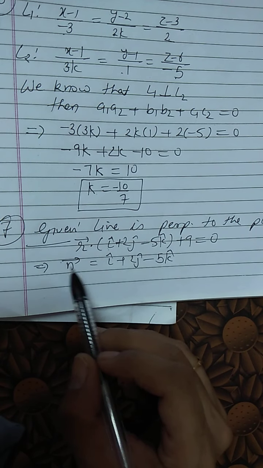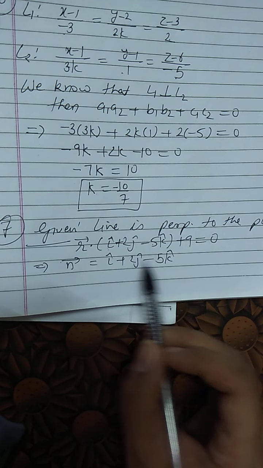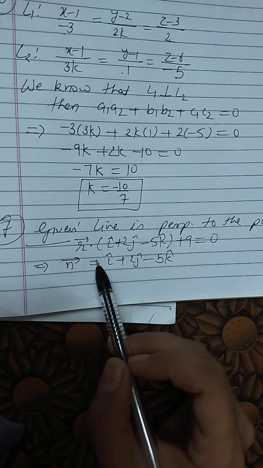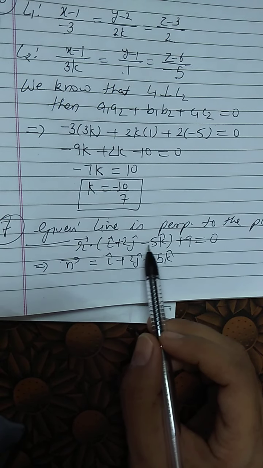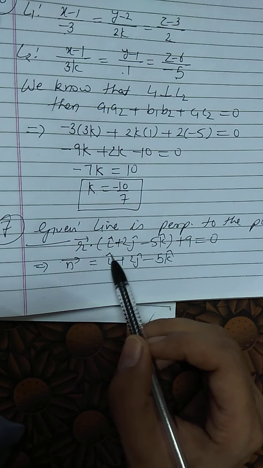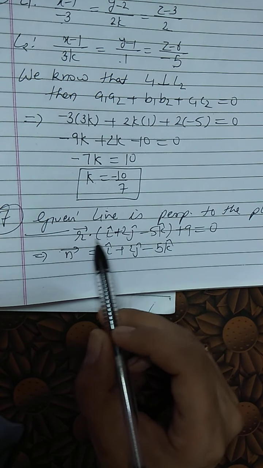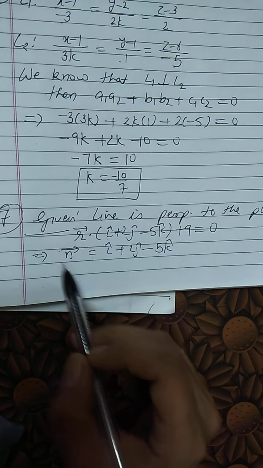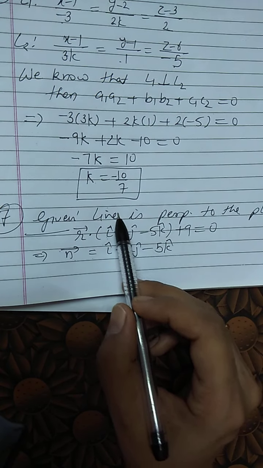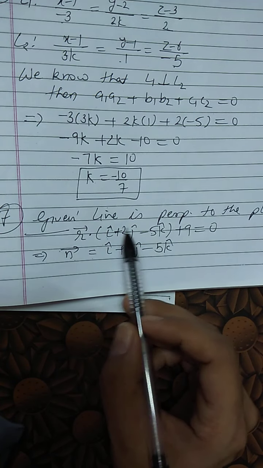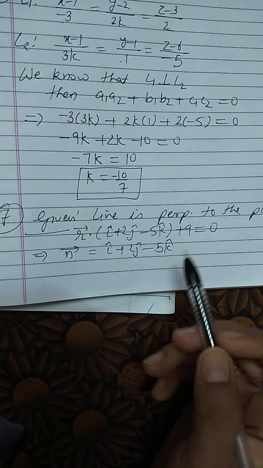Now it means the direction ratios of the vector which is perpendicular to the plane are 1, 2 and minus 5. Because this vector is perpendicular to the given plane, n vector, and we have the line also perpendicular to the plane, the relationship between the line and this n vector will be same, that means they are parallel.